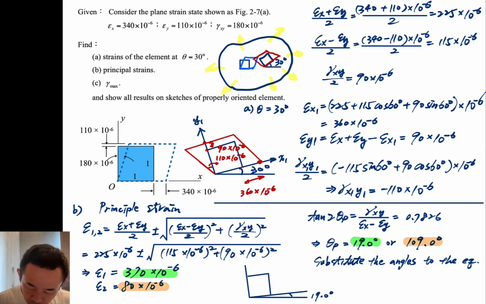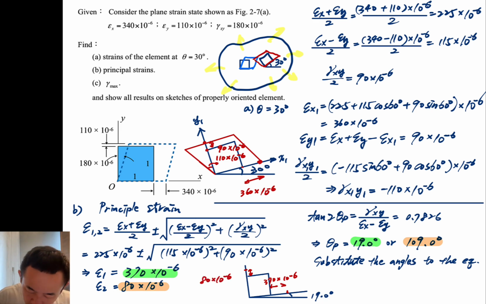And we will see 370 times 10 to the minus 6, and the height will be 80 times 10 to the minus 6.